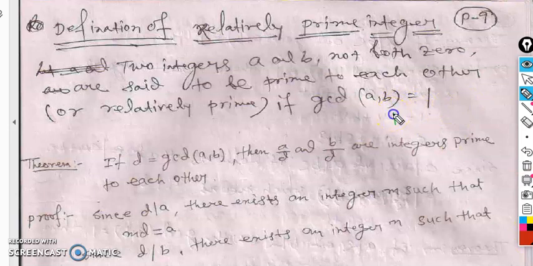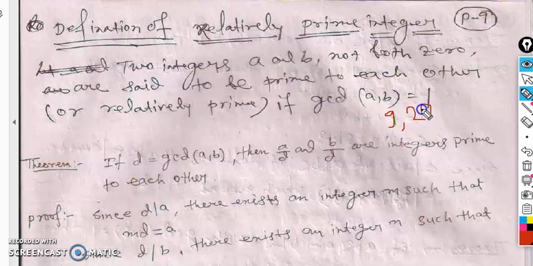If we take a number, say 9, it's not a prime number because 9 is divisible by 3, and we consider another number, 20, which is also not a prime number.